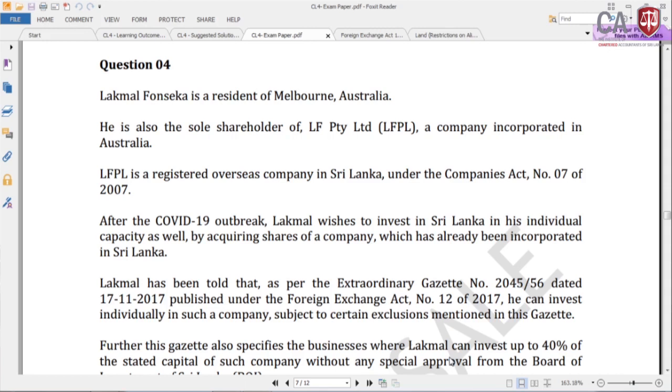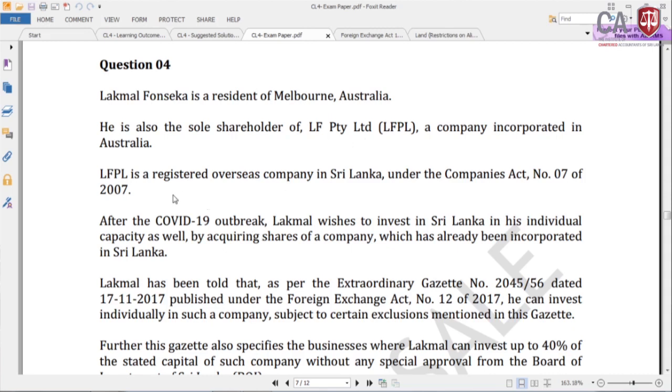You see in Australia, the private is spelled or used in abbreviation different than Sri Lanka, because in Sri Lanka we use PVT. In Australia they use PTY. So, now Lakmal Fonseca, the resident of Melbourne, is the sole shareholder of the Australian company LF Private Limited.